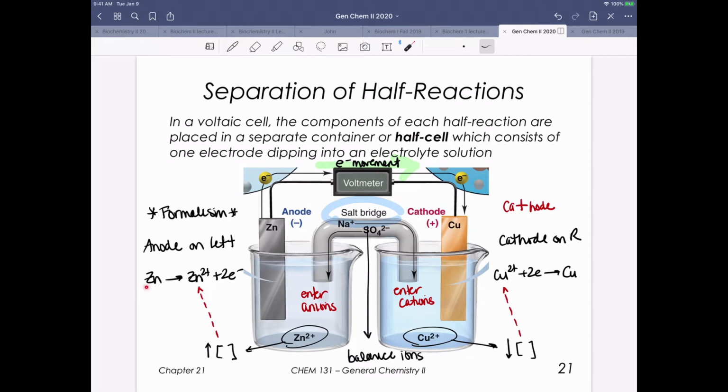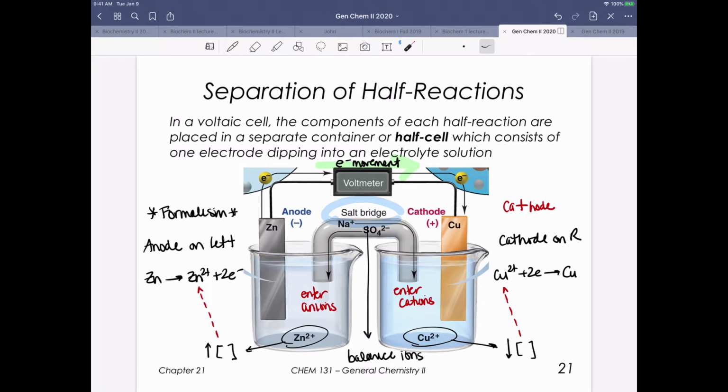So here was what we remembered from our first problem: the oxidation reaction was zinc going to zinc 2+ and releasing 2 electrons, and then the reduction half reaction was copper 2+ going to make copper metal by gaining 2 electrons.